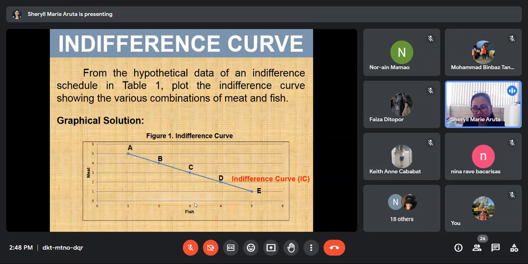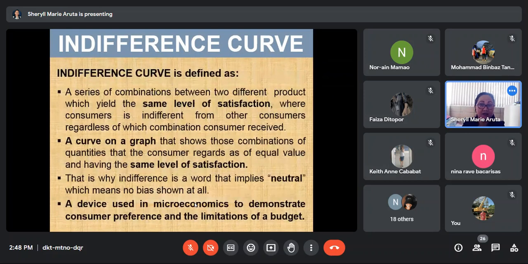So, katong gipasabot ato ganina, product A, product B, product C, product D, product E, parihara na ang imuhang ma-experience na satisfaction. However, kung mapili ka ni C, that's your choice. Kung mapili ka ni E, that's your choice. Mao na gipasabot sa indifference curve. They have the same level of satisfaction.